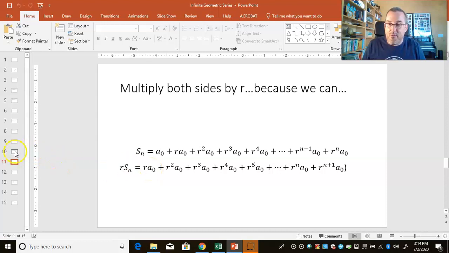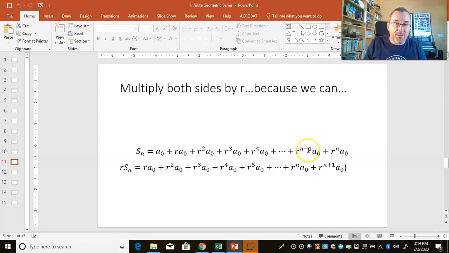And then remember before it was r a sub 0. Well, if you multiply by r, you're going to have r squared a sub 0. And before, when we had r squared a sub 0 right there, when you multiply by r, you're going to have r cubed a sub 0. And then r to the 4th, r to the 5th, etc. And then now, when you get to this term, the one right before the last term, you're going to multiply by r.